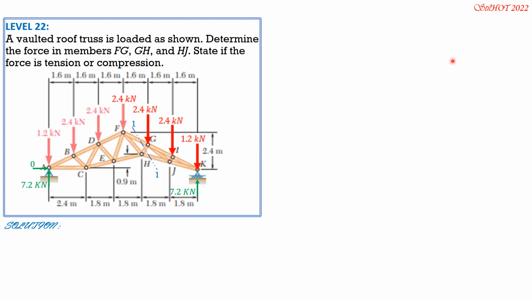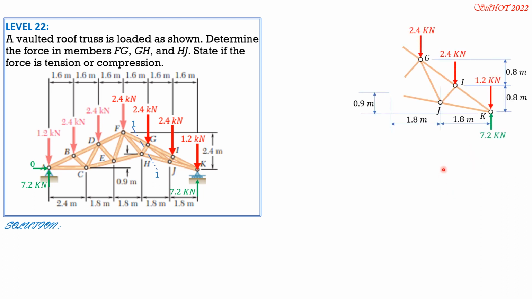And let's draw a bigger free body diagram here. So we have horizontal distance KJ 1.8 in the given figure. Reaction at K vertical 7.2 kilonewtons. Then the loadings, then vertical distance between K and H is 0.9 given here.